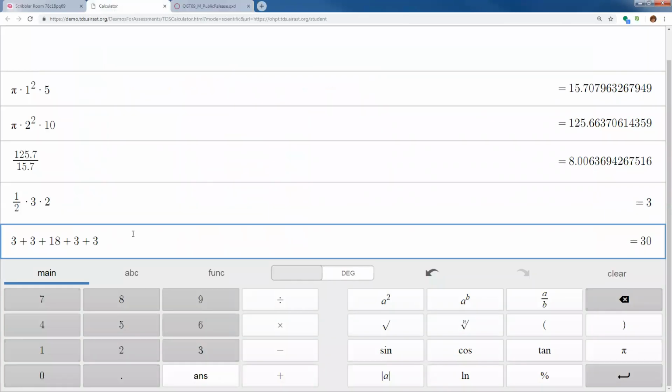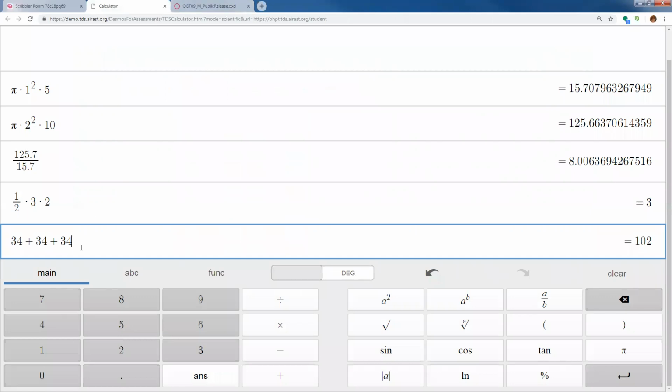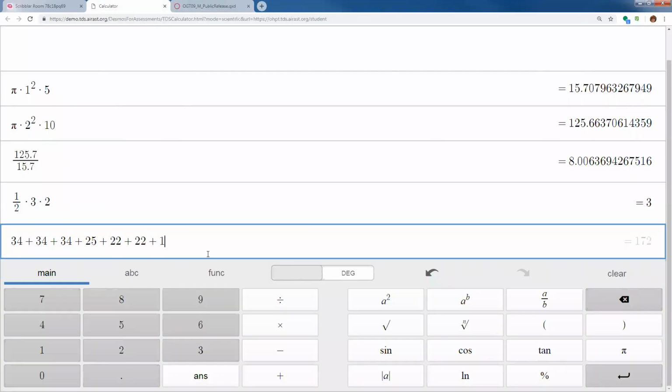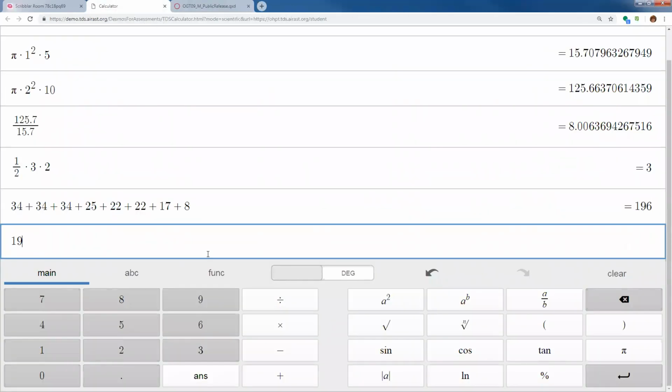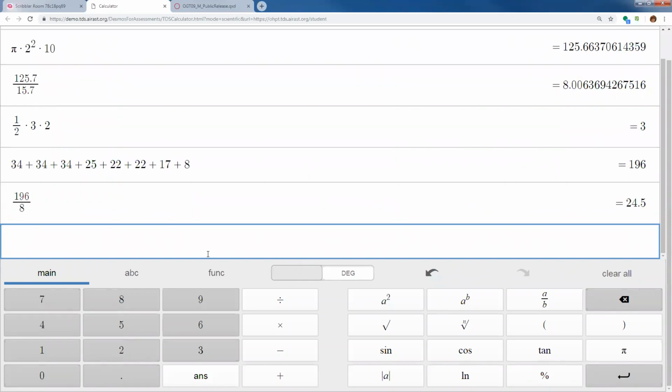What was the first average you got when we added all of them together? 25, 22 plus 17 plus 8. So 24.5 was the first one.